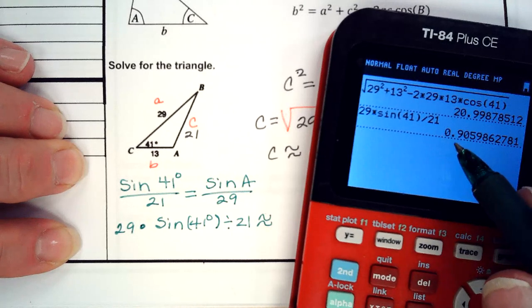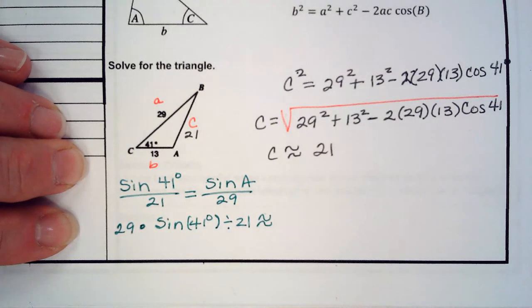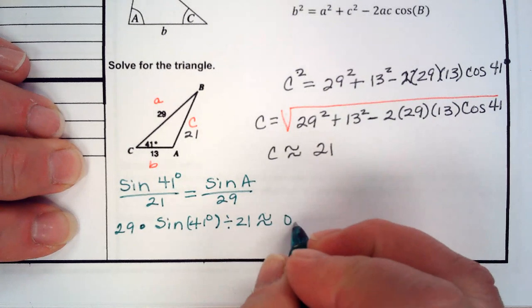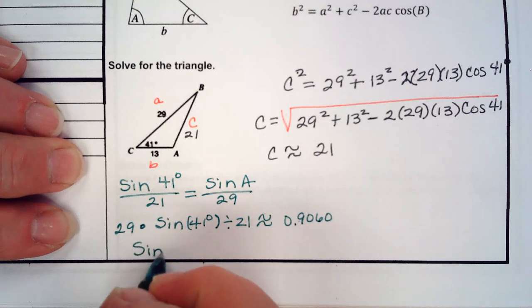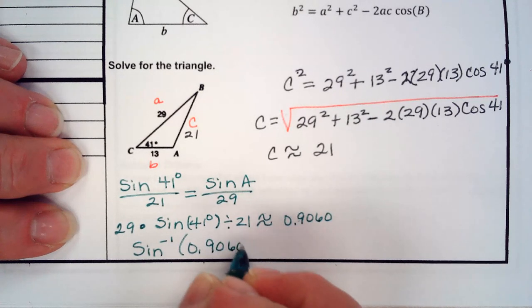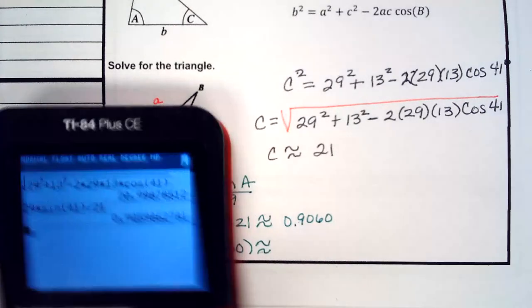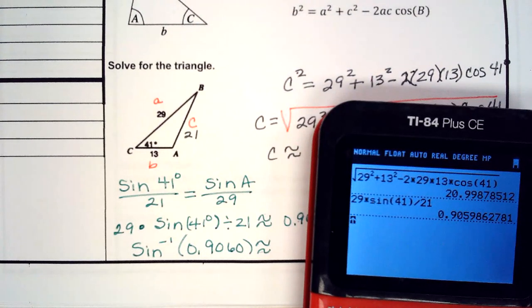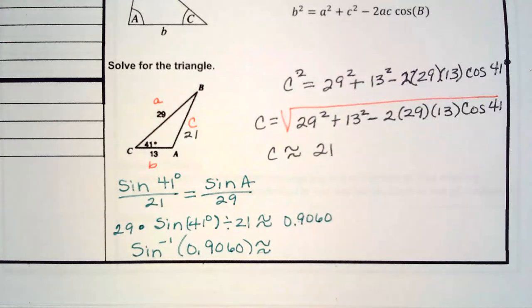It'll be 0.9060. So I'll use my sine inverse of 0.9060, and that is approximately 64.95. That's approximately 65 degrees.